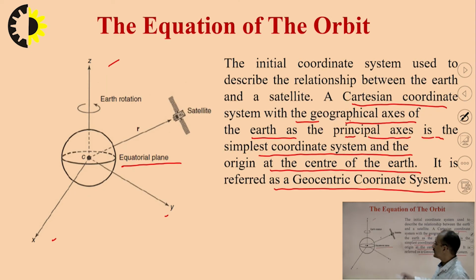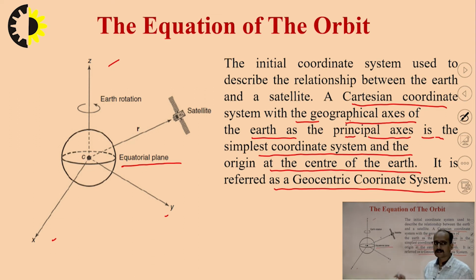Means in the previous geocentric coordinate system, what you are doing is placing the earth at the origin of the Cartesian coordinate system, which is called the geocentric coordinate system. The equator of the earth lies in the xy plane, and the rotation of the earth is in the z direction.